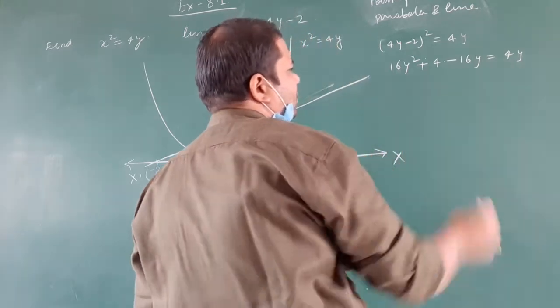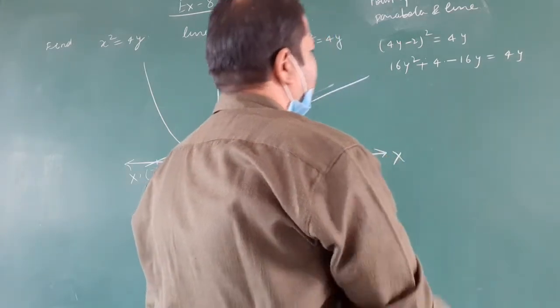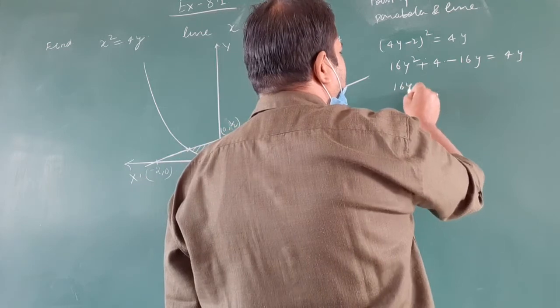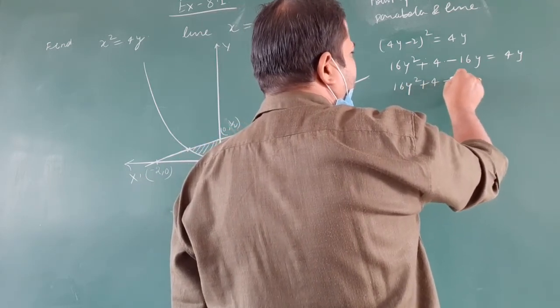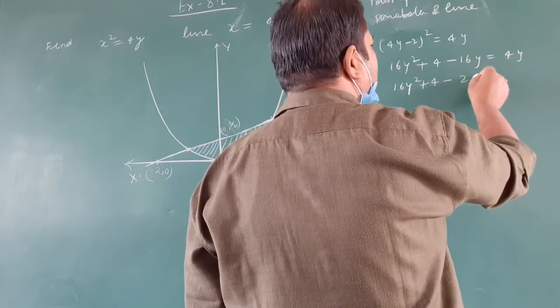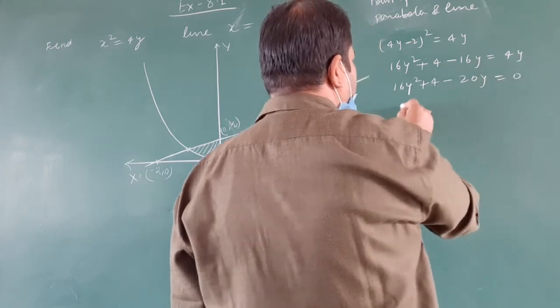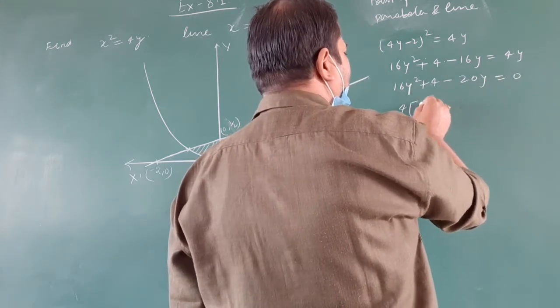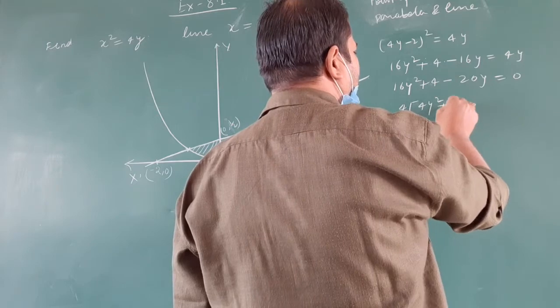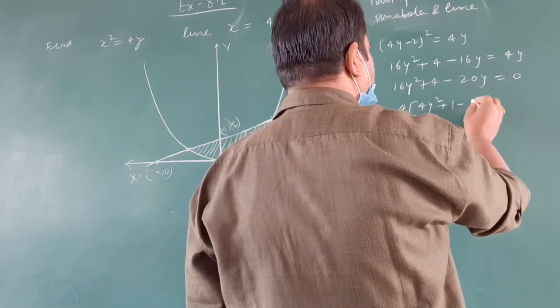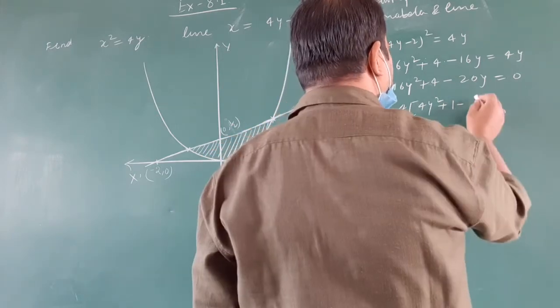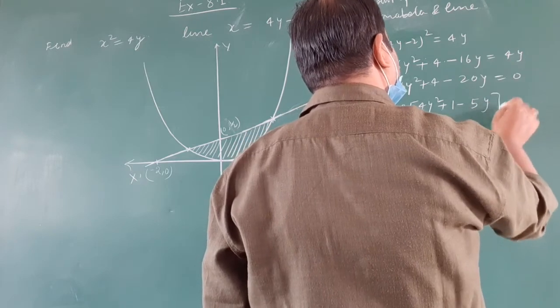So this becomes 16y square plus 4 minus 20y is equal to 0. 4 is common. 4y square plus 1 minus 5y is equal to 0.